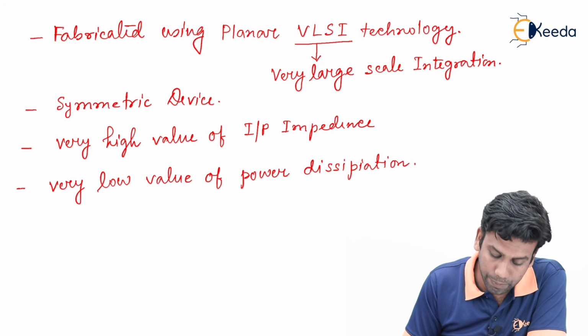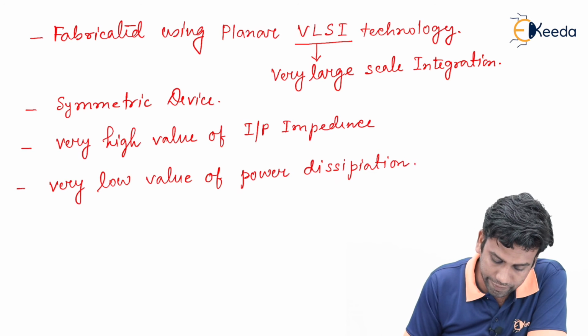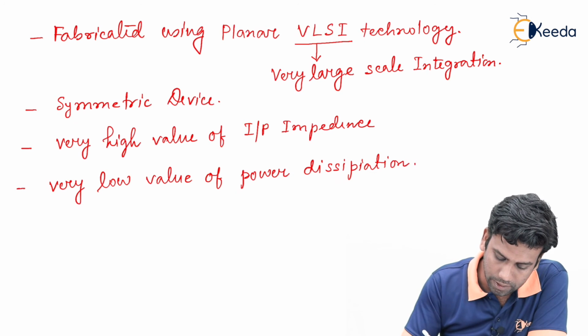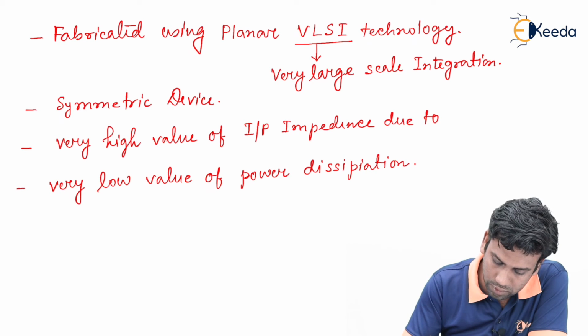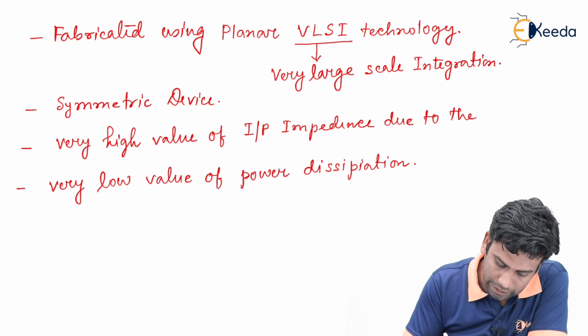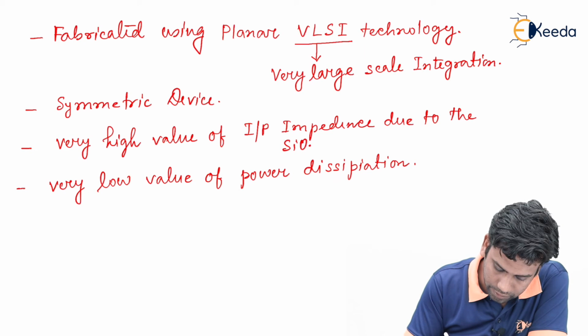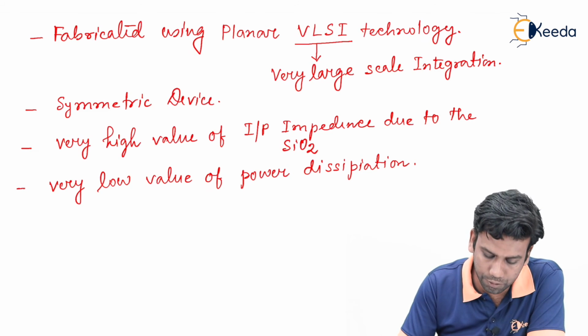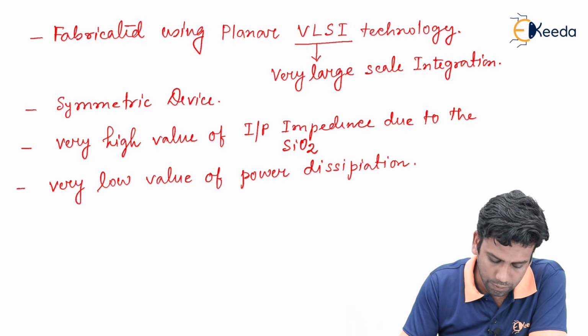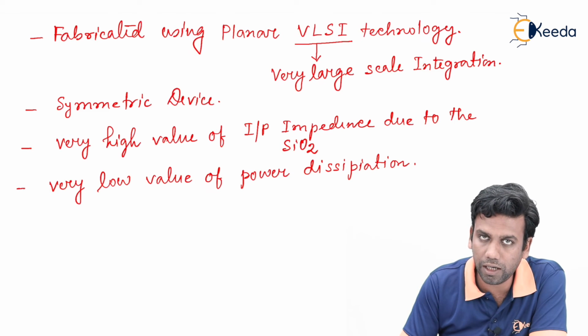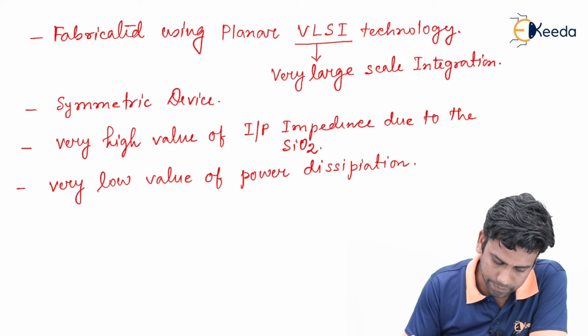The very high value of input impedance of the MOSFET comes from the fact that the silicon dioxide used for the fabrication of the MOSFET provides a very high value of input impedance.